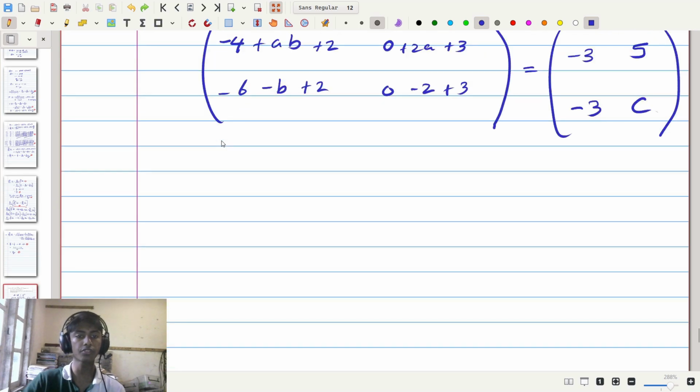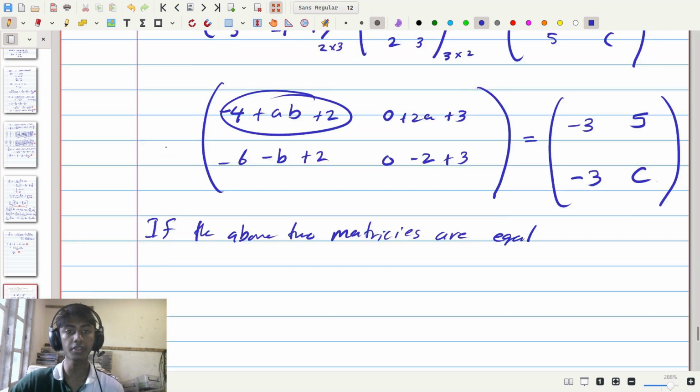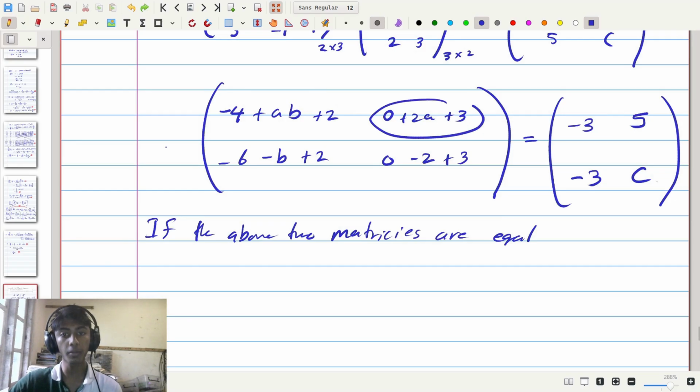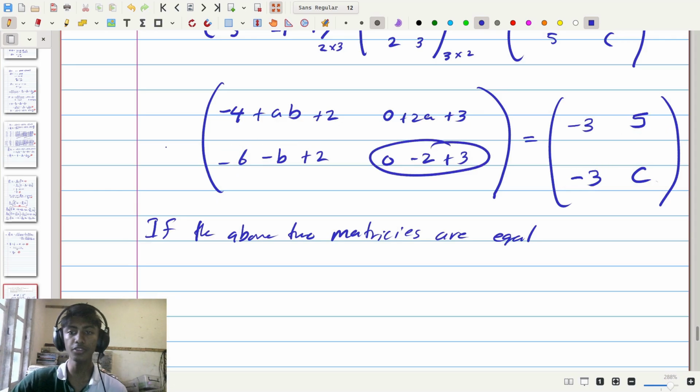So according to that, if the above two matrices are equal, then row 1 column 1 matrix element, which is this element here, must be equal to the same element over here. Similarly, row 1 column 2, which is this element, must be equal to row 1 column 2 in this matrix. And similar for this should be equal to this. And finally, this should be equal to this.